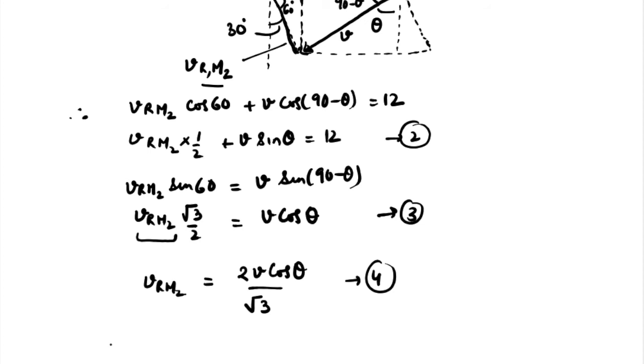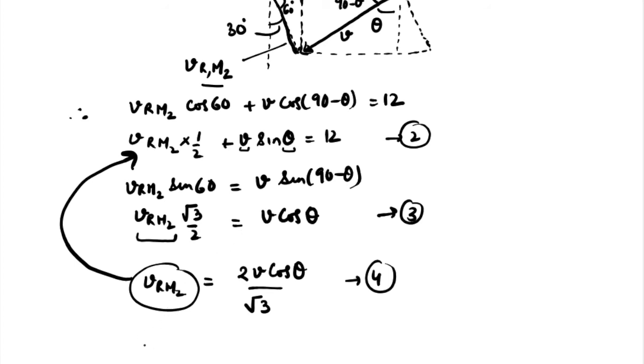And I can substitute this value in here, and that way I would be able to get rid of Vrm2, because it's a velocity with respect to the man, and this is something which is not of interest to us at this point. We are more interested in finding V and the angle of the rain with respect to the ground.